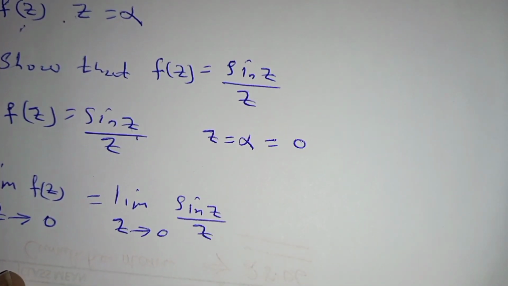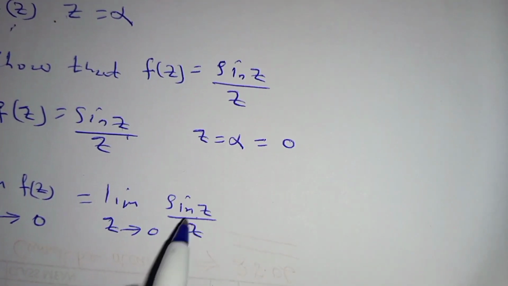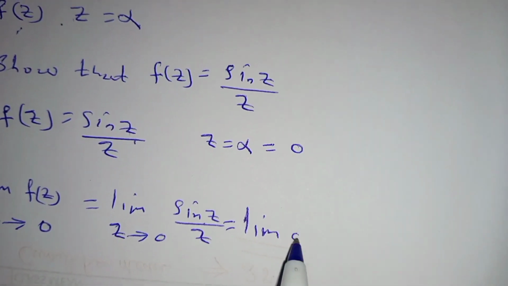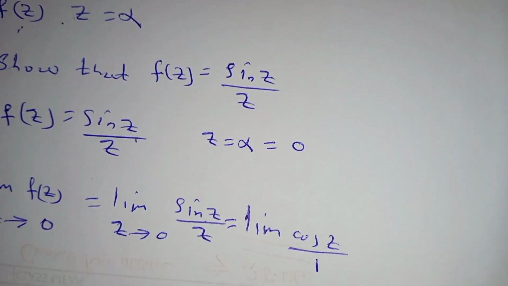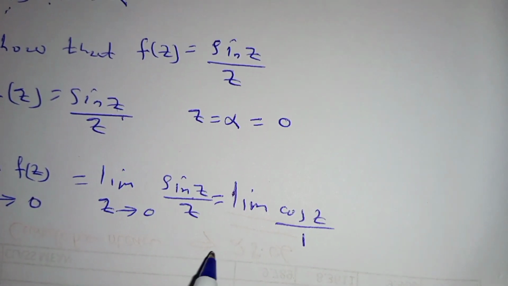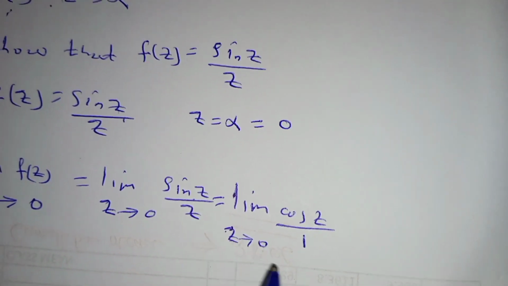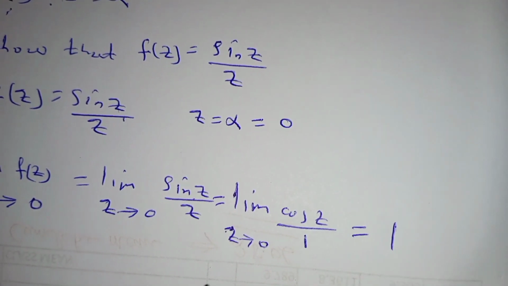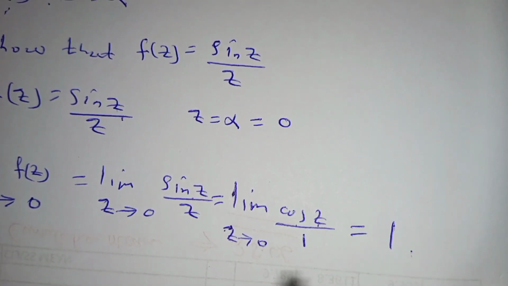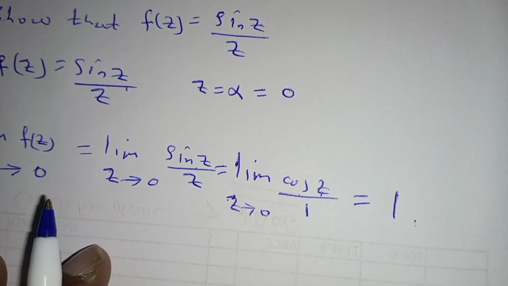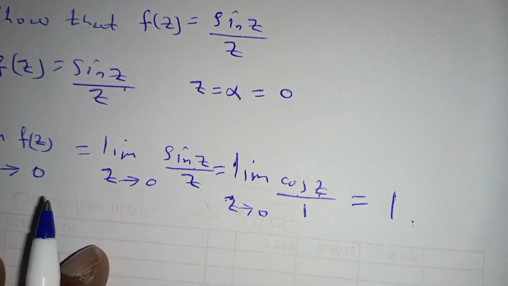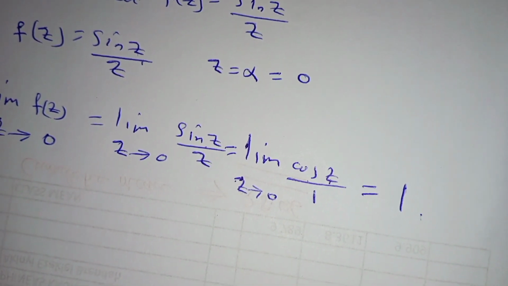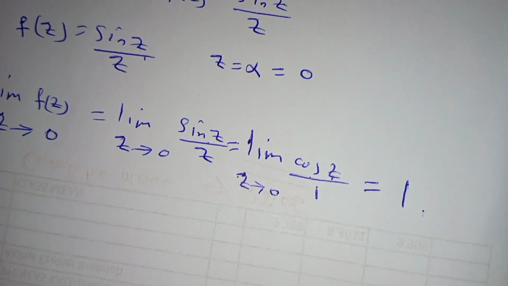We can apply L'Hopital's rule here. We differentiate the numerator and the denominator, so this is the same as the limit of cos of z divided by 1 as z tends to 0. This is going to give you 1 because cos of 0 is 1. You can see clearly we have removed the singularity by making use of L'Hopital's rule.